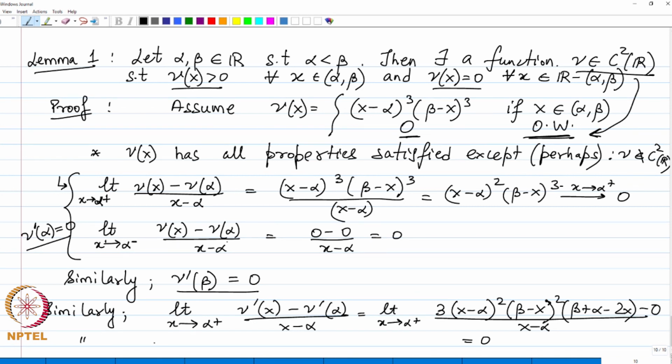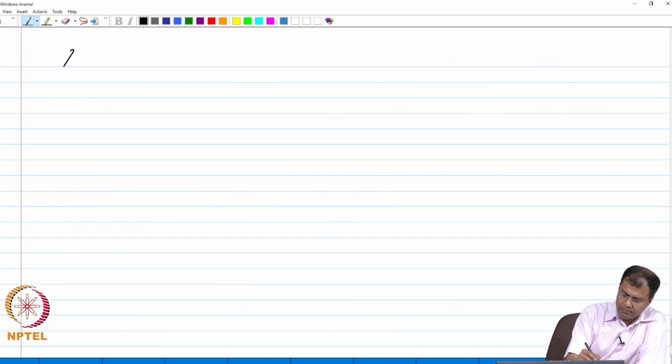And similarly we can show that the left hand side limit, x going to alpha minus, of nu prime of x minus nu prime of alpha divided by x minus alpha is also 0. And from here these two statements help us to conclude that the second derivative of nu at alpha is 0, right. Okay. And finally, we can also do the same thing at x equal to beta.